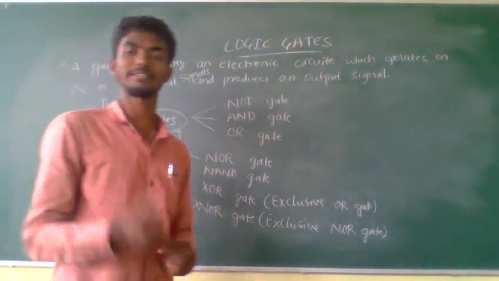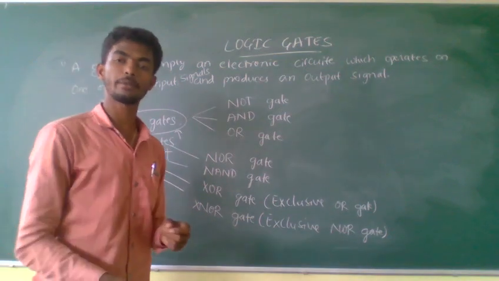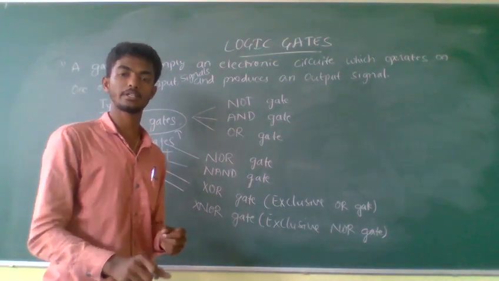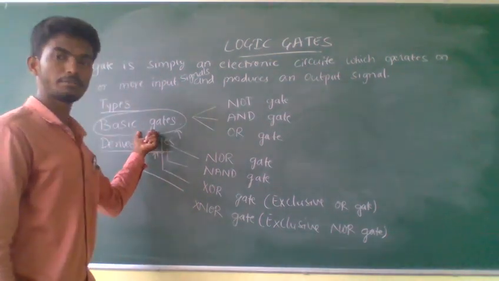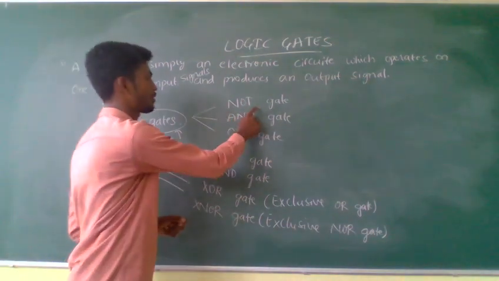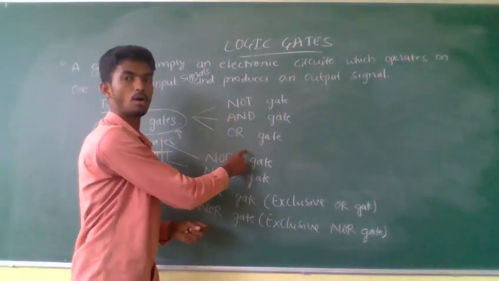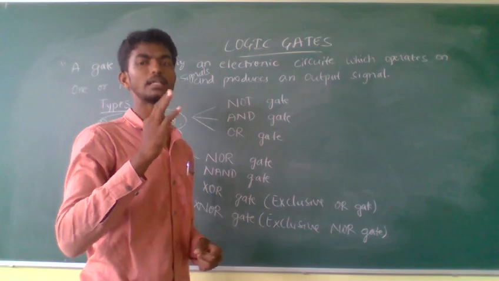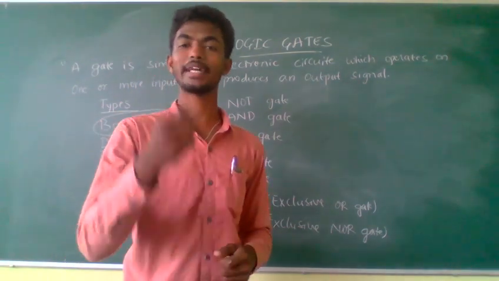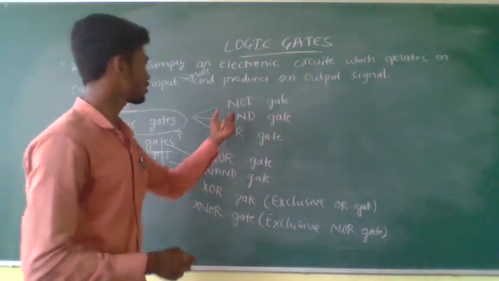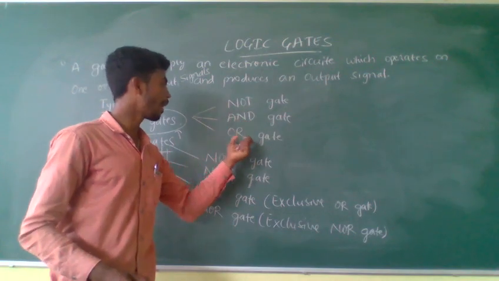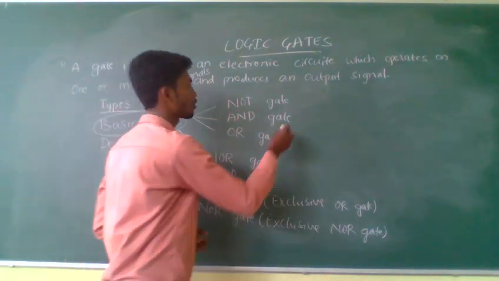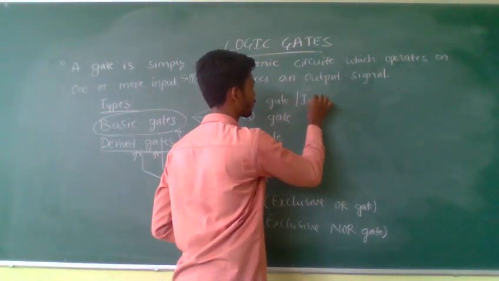And what are the basic gates, in the sense of the logical operations? Depending upon the logical operations only, we have defined the basic gates: NOT gate, AND gate, and OR gate. There are three types of basic gates available. The NOT gate is also called an inverter gate.